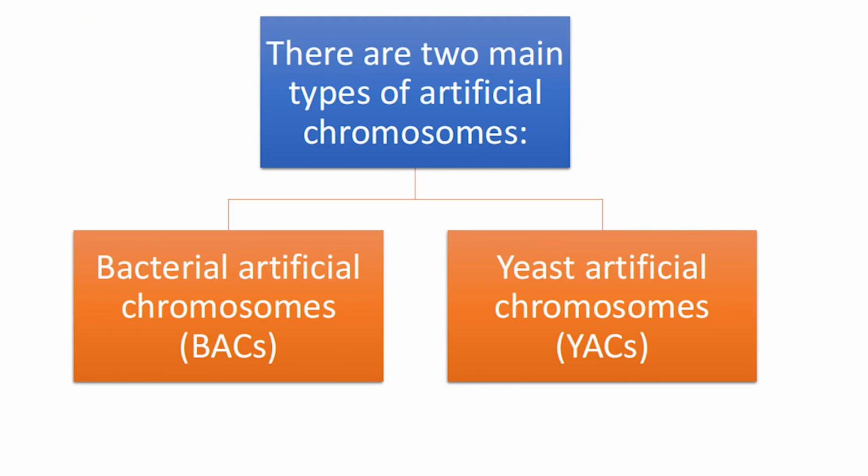These are the two types of chromosomes that we are now engineering in the test tube, behaving like natural chromosomes. We have two versions: the bacterial artificial chromosomes and the yeast artificial chromosomes. We see what these two are and how they act as vectors.